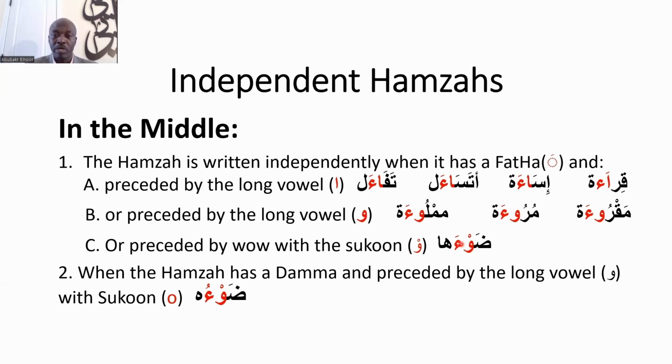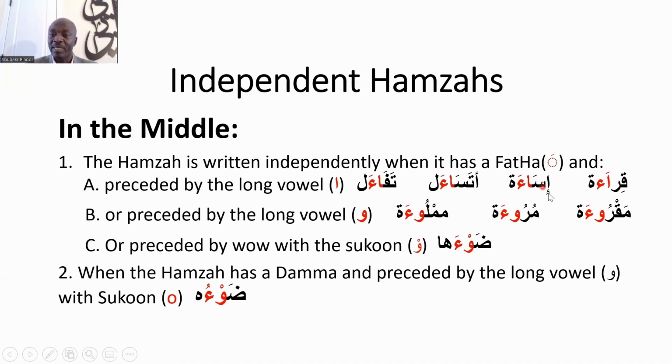Rule number one is a common rule, but with that rule, the Hamza has to be preceded by the long vowel Alif. In these examples we see qira'ah, which is reading. The Hamza here is preceded by the long vowel Alif.